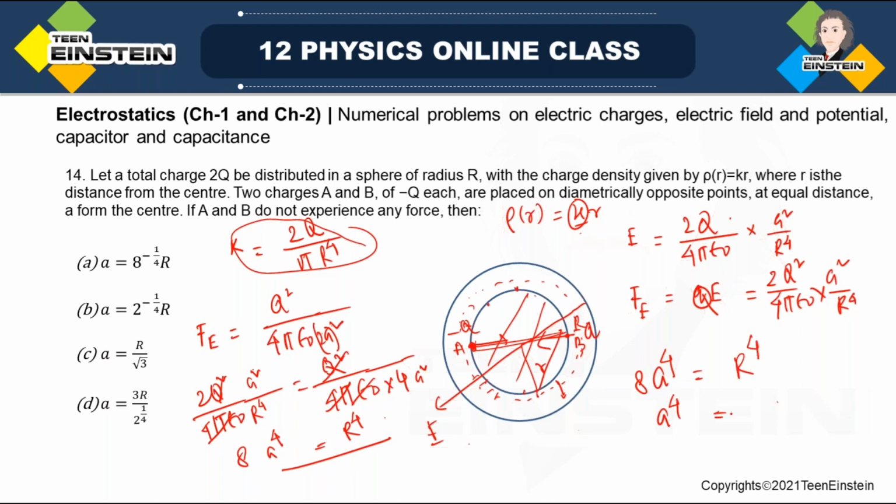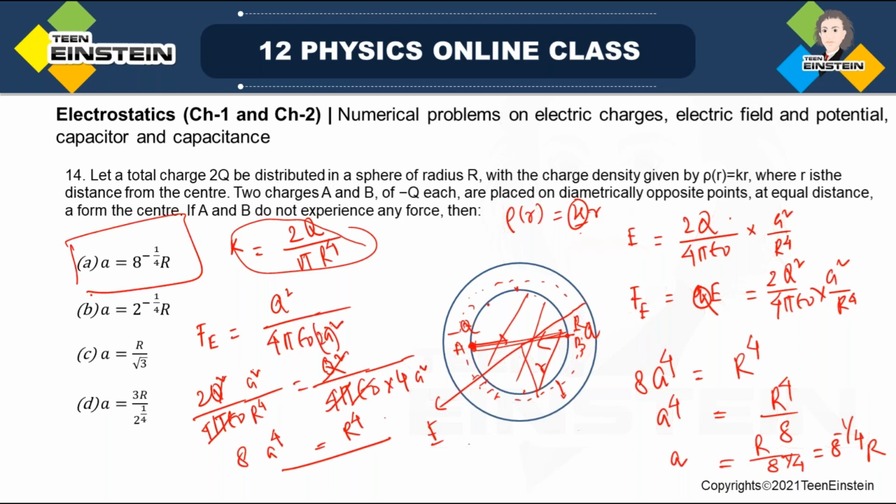So a to the power 4 will be r to the power 4 by 8, and hence a will be r by 8 to the power 1/4. You can write this as 8 to the power minus 1/4 into capital R. So there is an option, you can see the first option itself, this is the answer here.